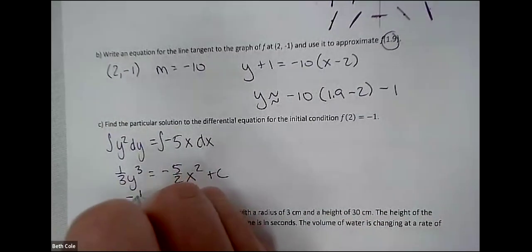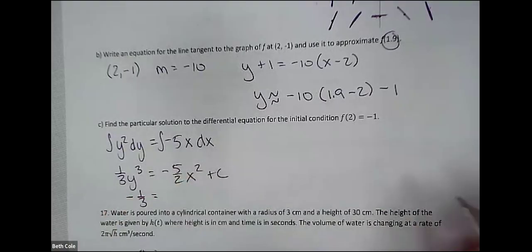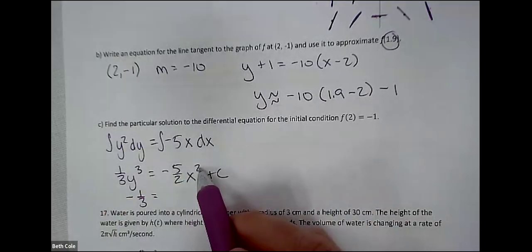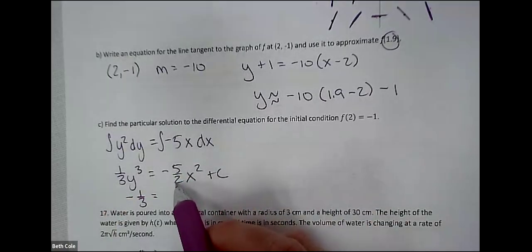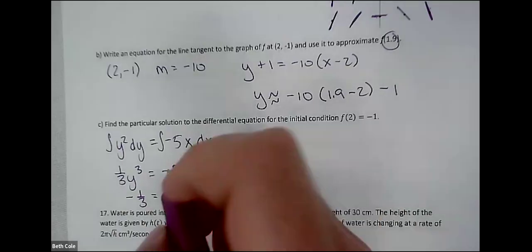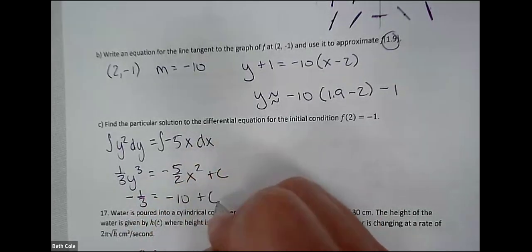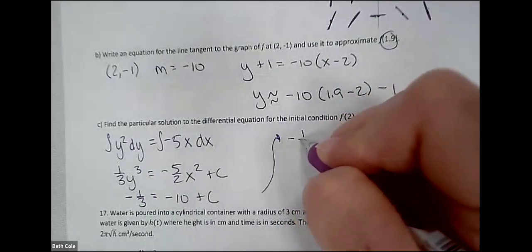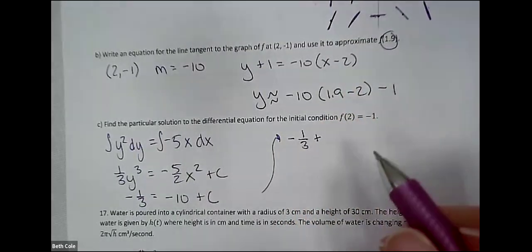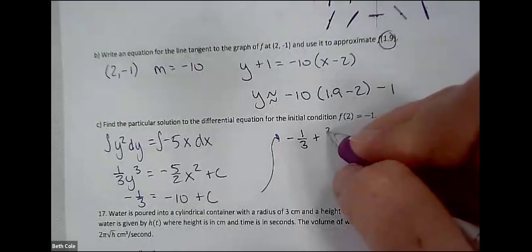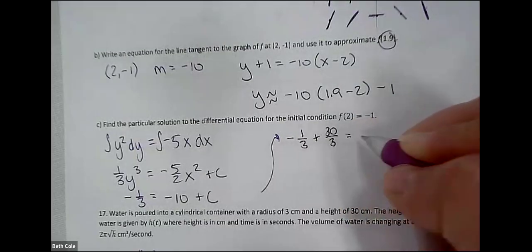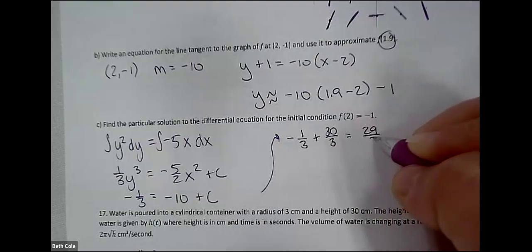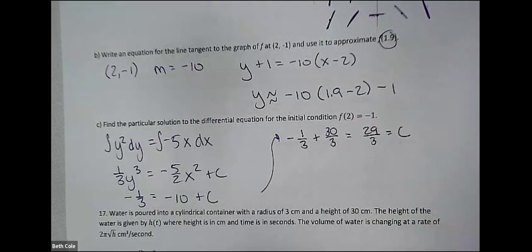So that's going to give us negative 1/3 equals 2 squared is 4. 4 divided by 2 is 2 times negative 5 is negative 10. And then you're going to add that 10 to the other side. So we would have negative 1/3 plus 10, which would be 30 thirds, which is going to give us 29 thirds for our c value.